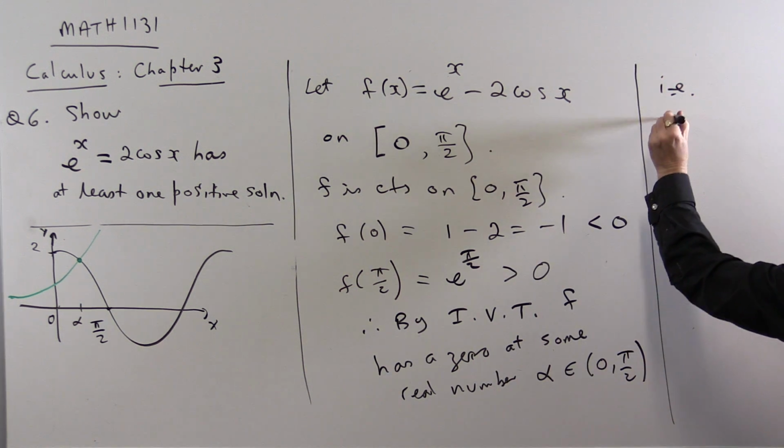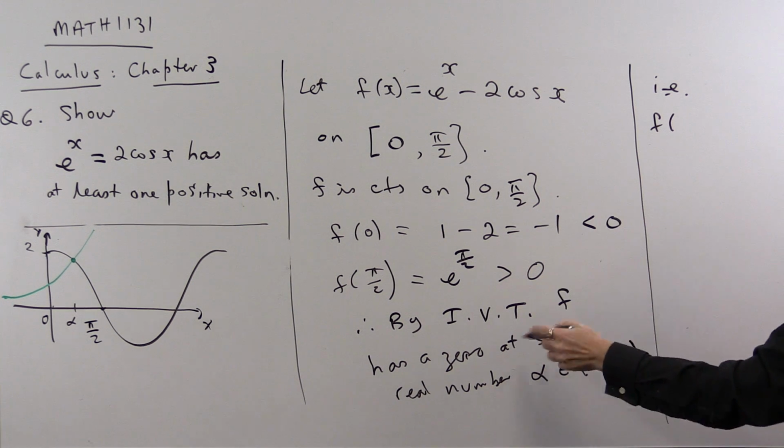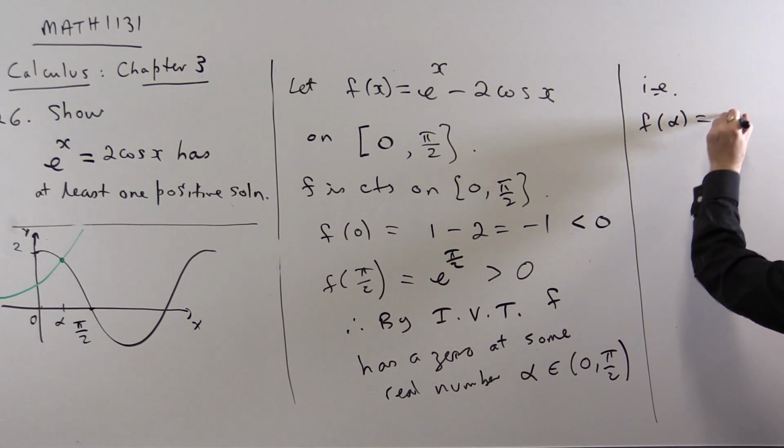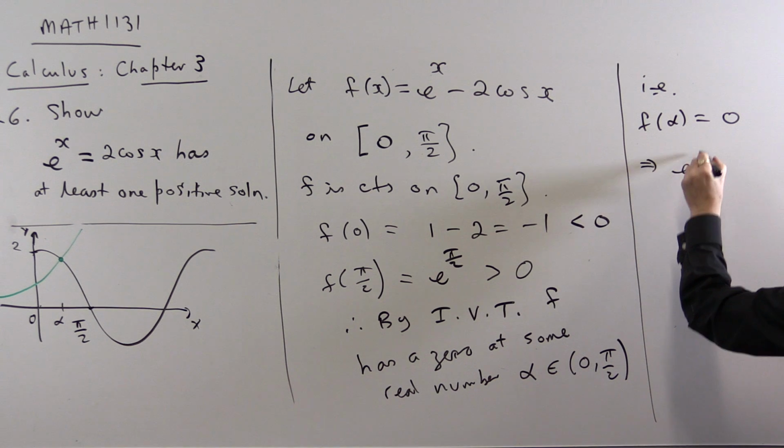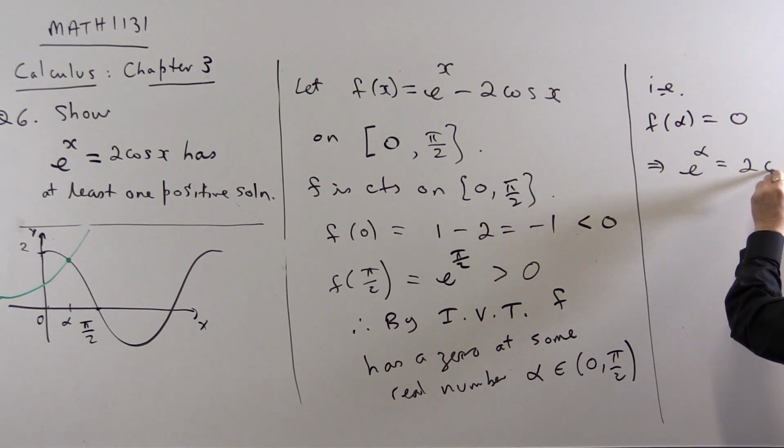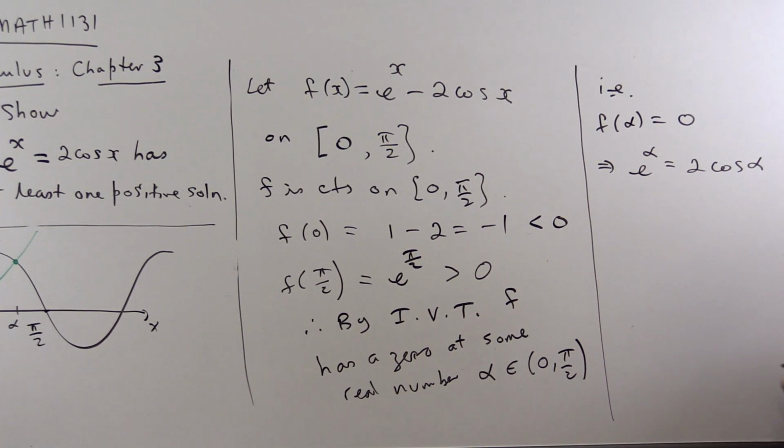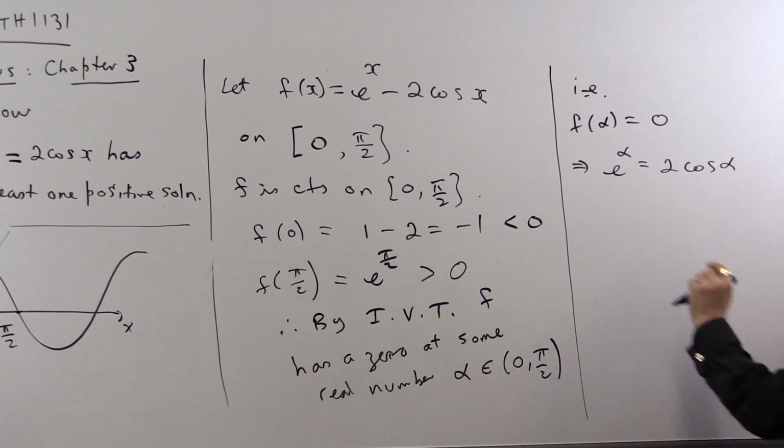That says f of alpha is 0, and that means e to the alpha equals 2 cos alpha. And so alpha is a solution of this.